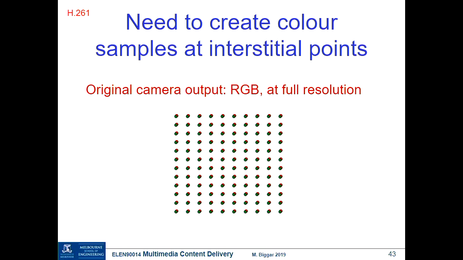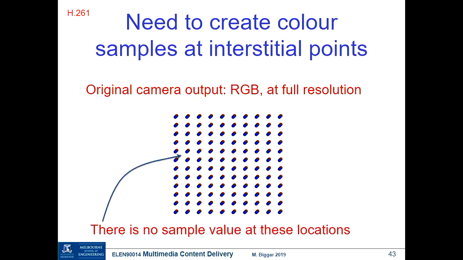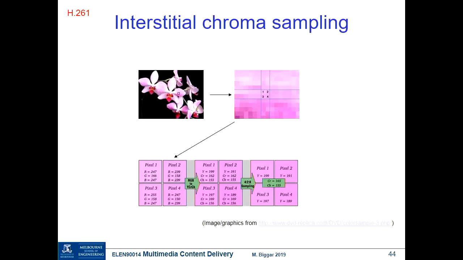Originally, from the camera we had RGB at full resolution. There's no sample value at those interstitial locations, and so we need to do this sort of process. For each block of 4 original pixels, we have RGB values for each. We convert RGB to YCrCb. Then we do our 420 subsampling, which means that we can create our chrominance signals just by averaging the 4 values nearby.